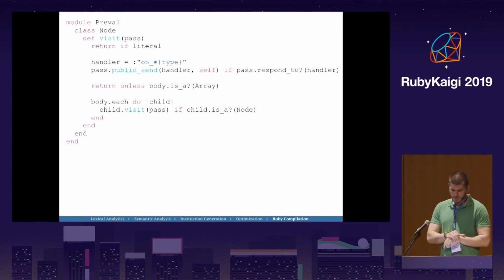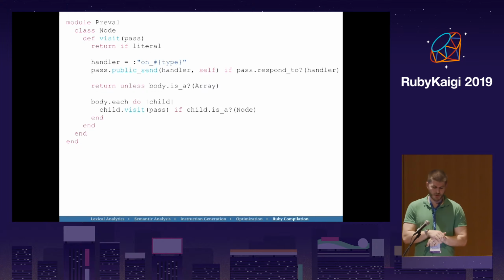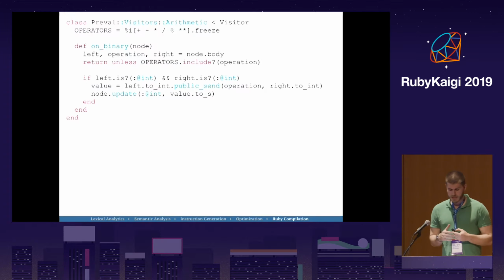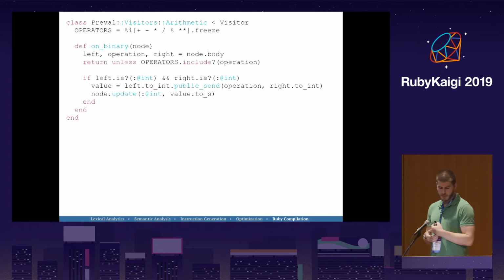If we look at the node class itself, it's going to call into certain methods for each of the visitors. If we look at the very simplest one and go back to our example, this is going to check for a binary operation inside of the abstract syntax tree.